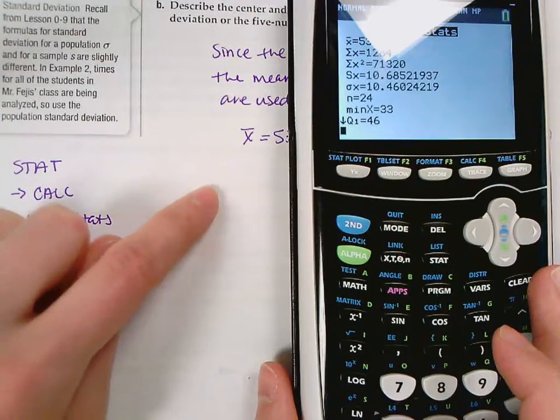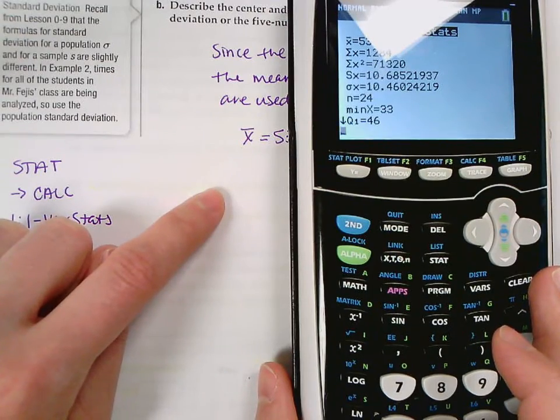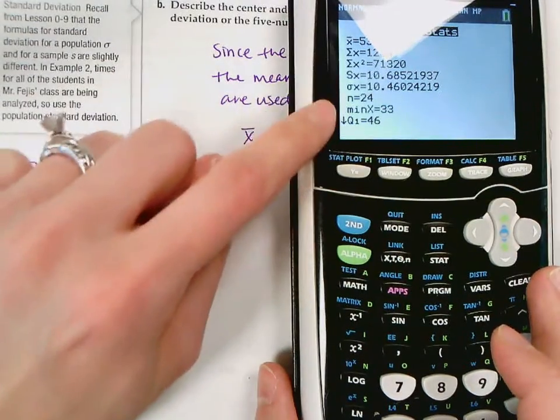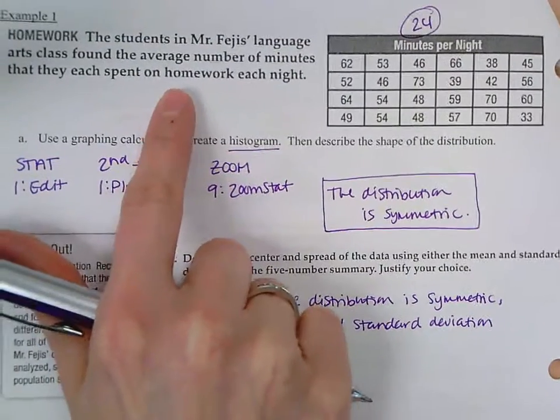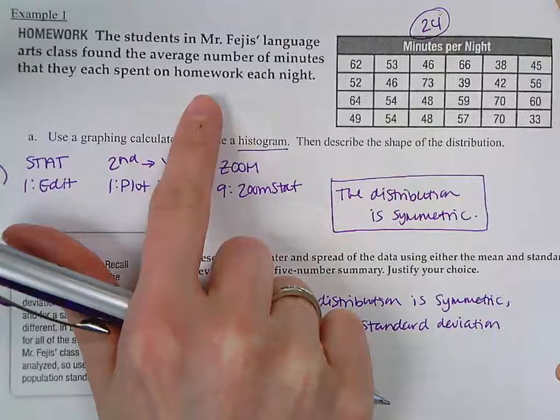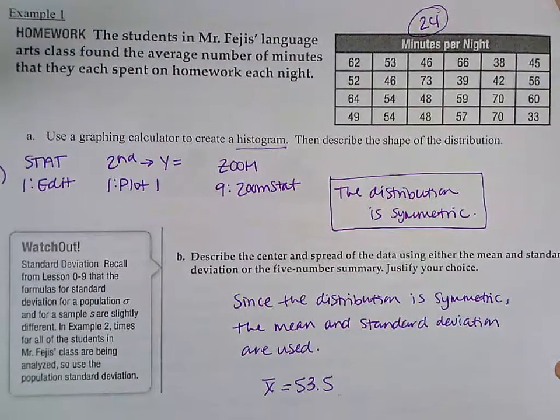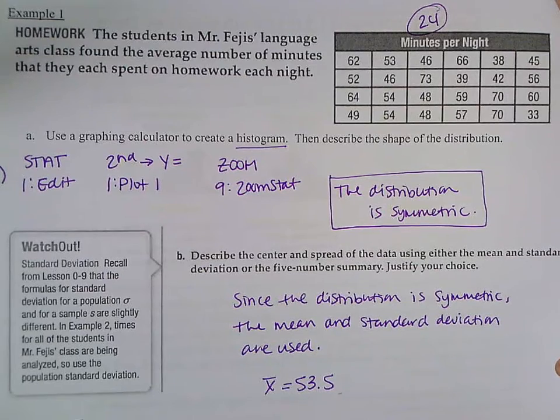You have to determine, do you have a sample or do you have a population, and then which one is which. So if I go back up here, because the problem isn't necessarily going to tell you what you have, it says the students in Mr. Fiji's language arts class. So would that be describing a sample or a population? What do you think? Yes, population, because it's the whole class.